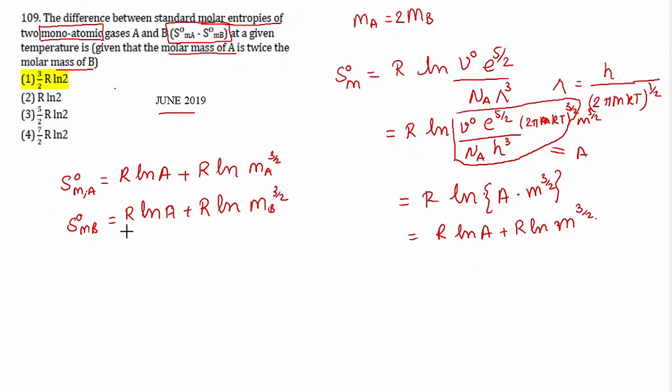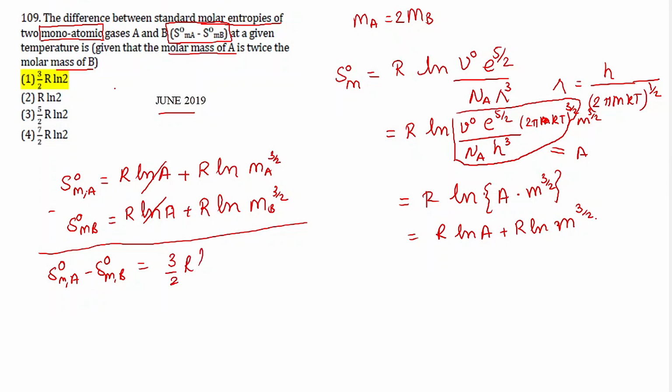Now what we have to do is take the subtraction, that is we require S0mA minus S0mB. When we subtract, both of the R ln A terms will cancel out, and this 3 by 2 we can take ahead, so we will have 3 by 2 R ln mA minus 3 by 2 R ln mB.